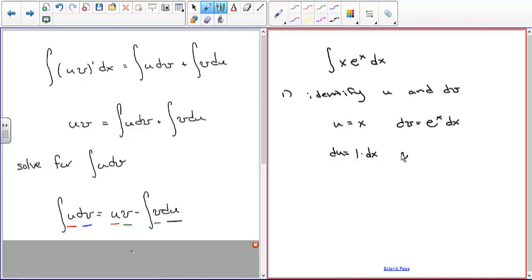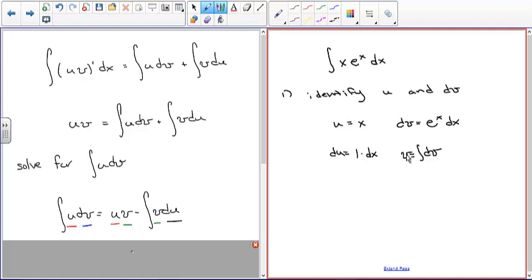Now for v, what you do is you integrate dv. To find the v in this integration by parts expression, which I need both here and here, I take what I've chosen to be dv and I integrate it. One of the rules is you choose dv as being the most complicated integral that you know how to do. I do know how to integrate e to the x, so that seems like a good choice.